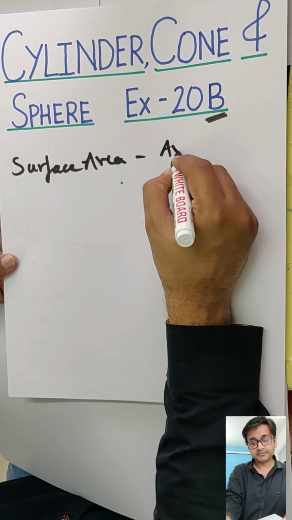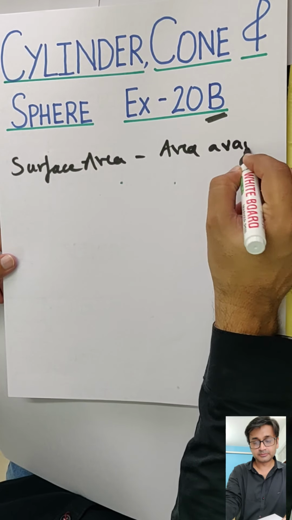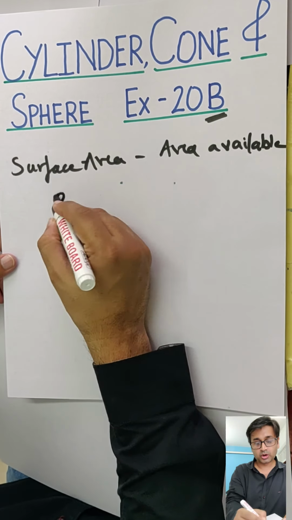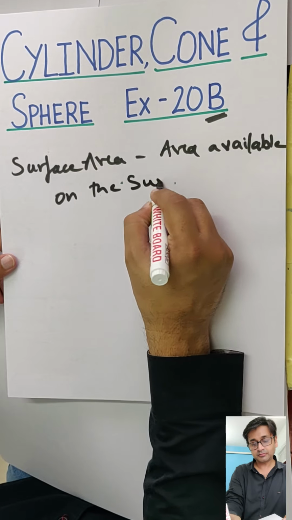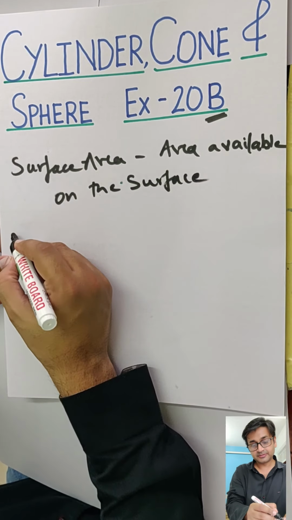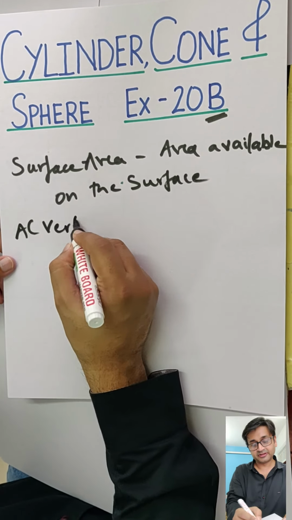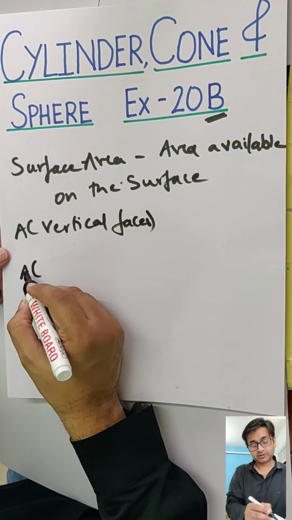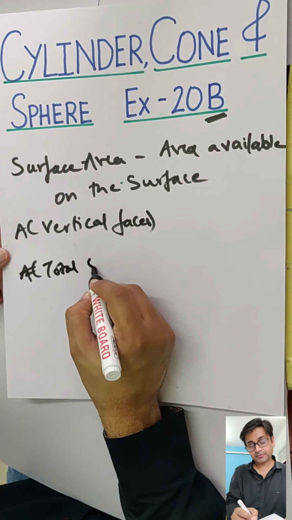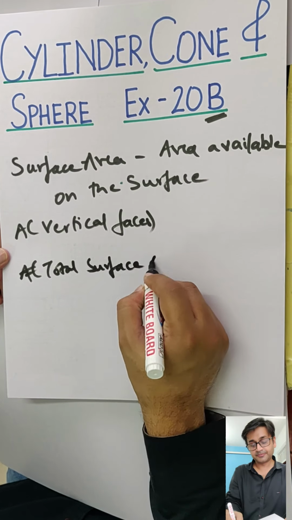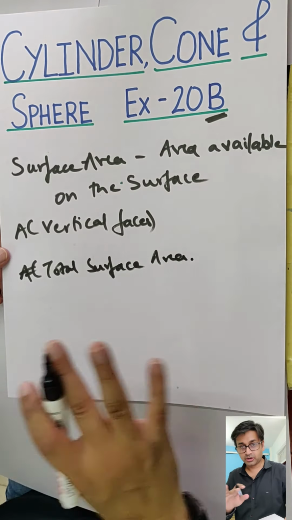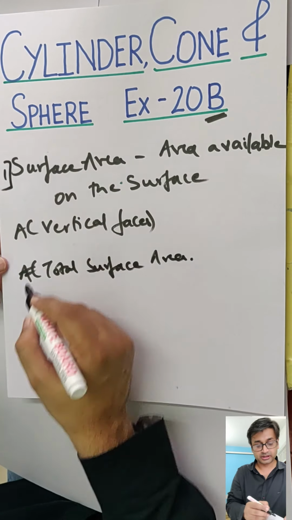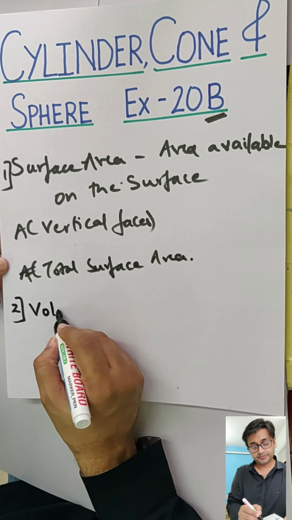So first, surface area is the area available on the surface. You have two types in this: area of vertical faces, which are straight, and total surface area, that is all your faces. All right, so that's part 1. Part 2 is the volume.